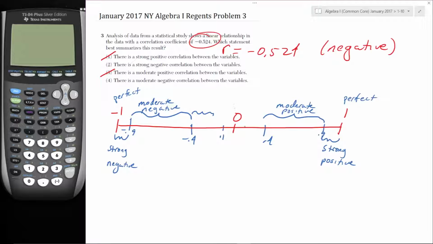Go down to 0.1. So this is weak negative, and this is weak positive. And here, from negative 0.1 to 0.1, this is almost no correlation. And 0 is no correlation at all.